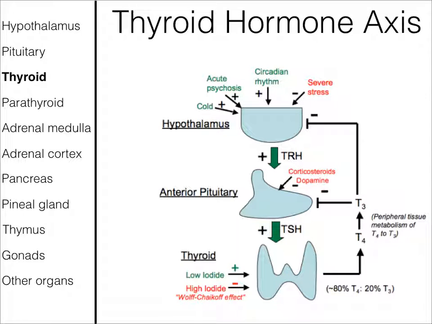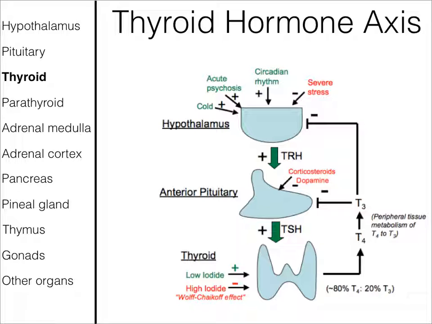So basically, here's the thyroid hormone axis. The hypothalamus up here releases thyrotropin-releasing hormone, which goes directly to the anterior pituitary and causes the anterior pituitary to release thyroid-stimulating hormone, which goes to your thyroid and causes your thyroid to produce mostly T4.